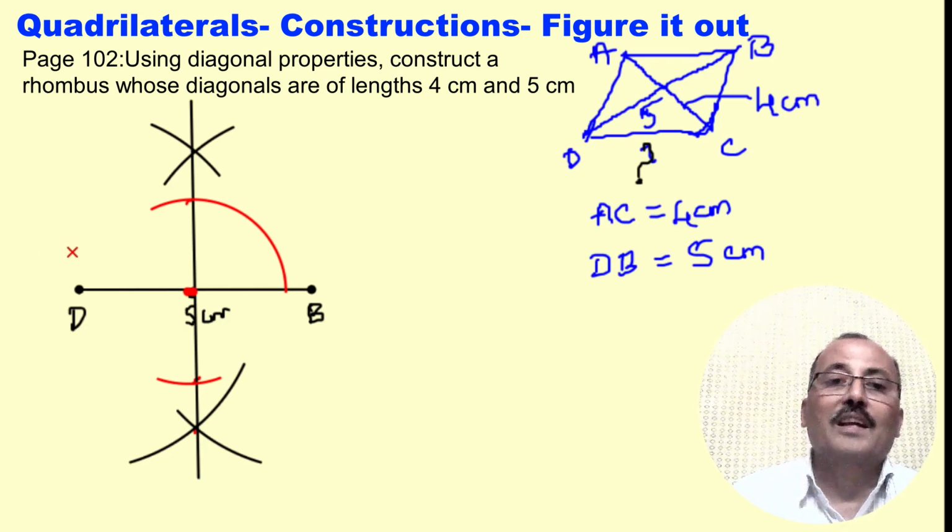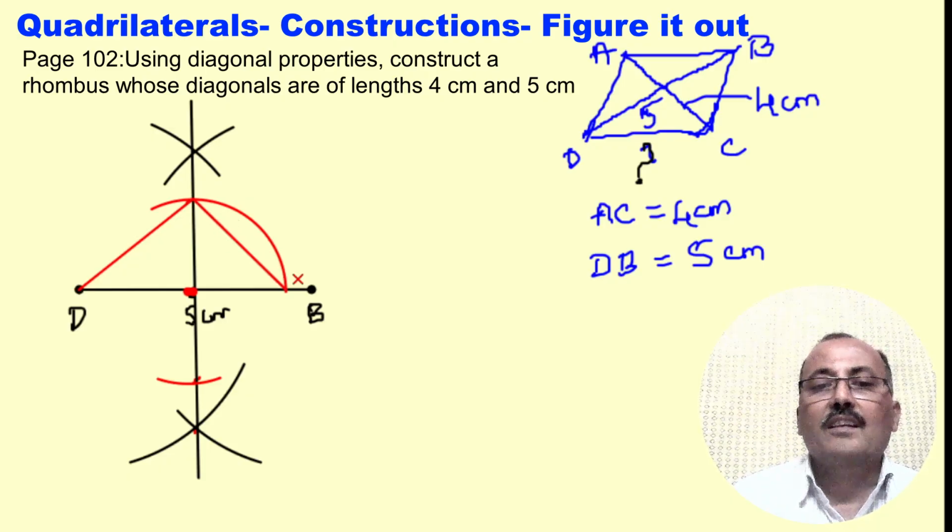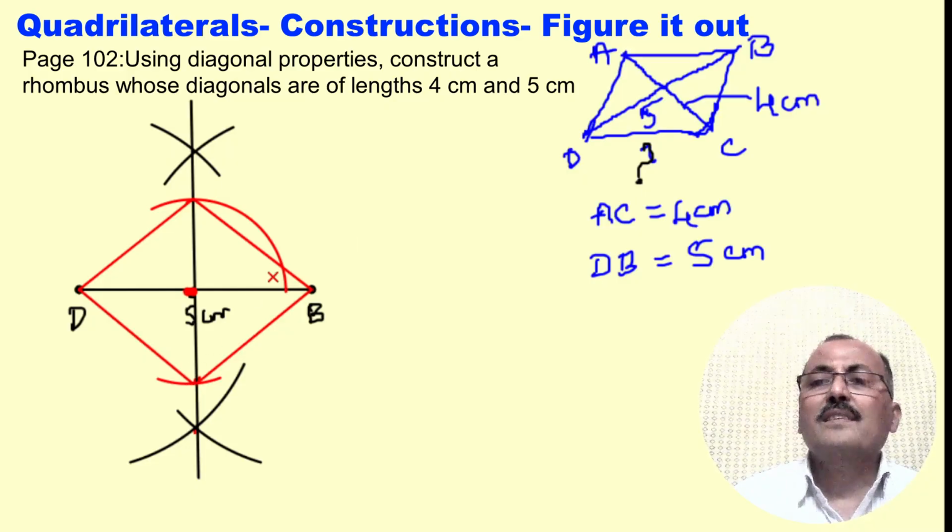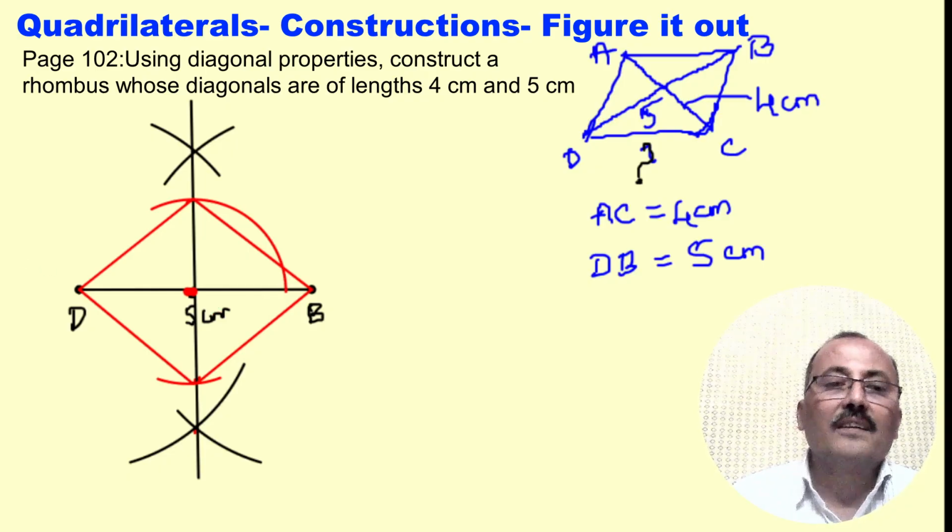I will draw the line segments: here A, here B, here to here, and here to here. What they asked us: a rhombus. Yes, exactly, it is a rhombus because the diagonals are of different lengths.